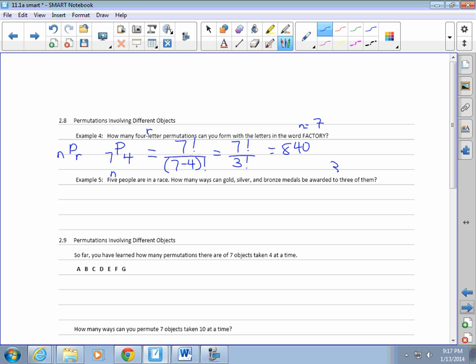I'm arranging them 3 at a time. So this would be 5P3. Writing it out would be 5 factorial over 5 minus 3 factorial. You use your calculators, either using the nPr button or writing down 5 factorial divided by 2 factorial. Your answer is 60.